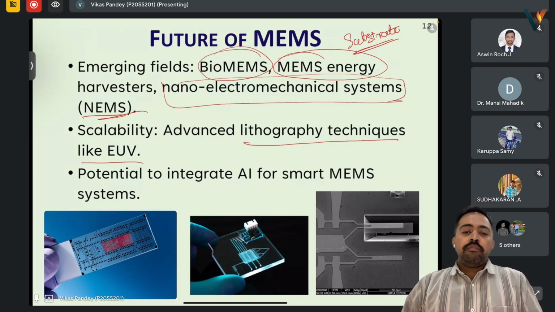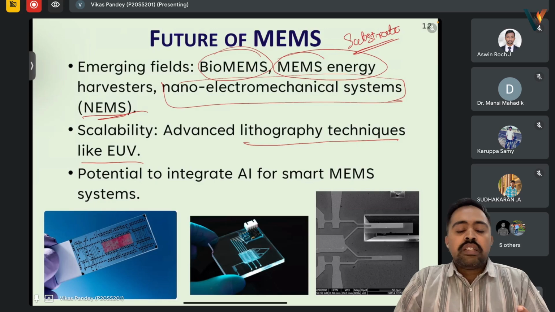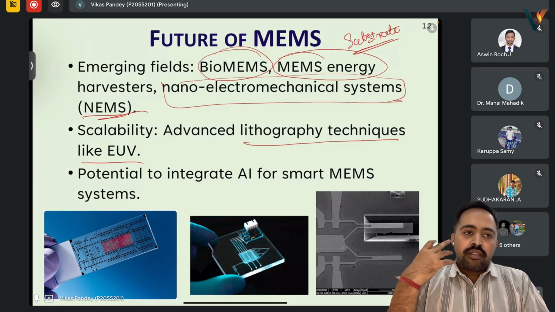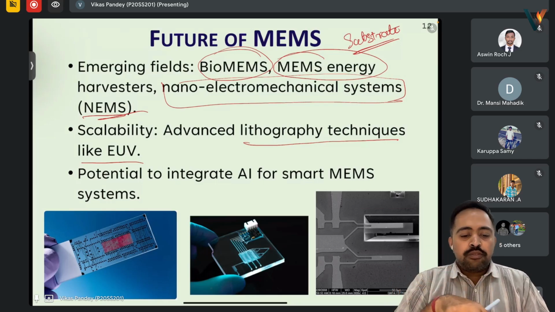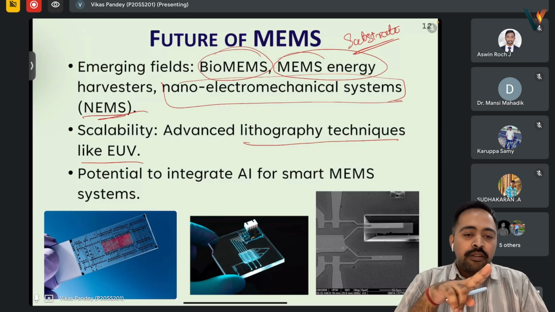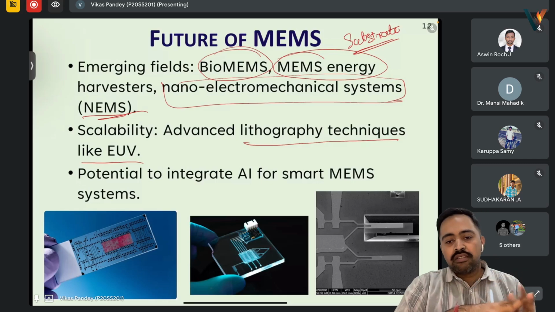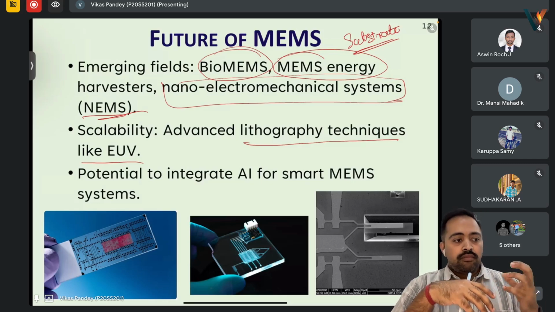PET and paper-based sensors are also made, so paper is being used as the substrate. It has advantages as well as disadvantages: it is much cheaper and environment friendly, but still not robust enough to replace the rigid sensors.